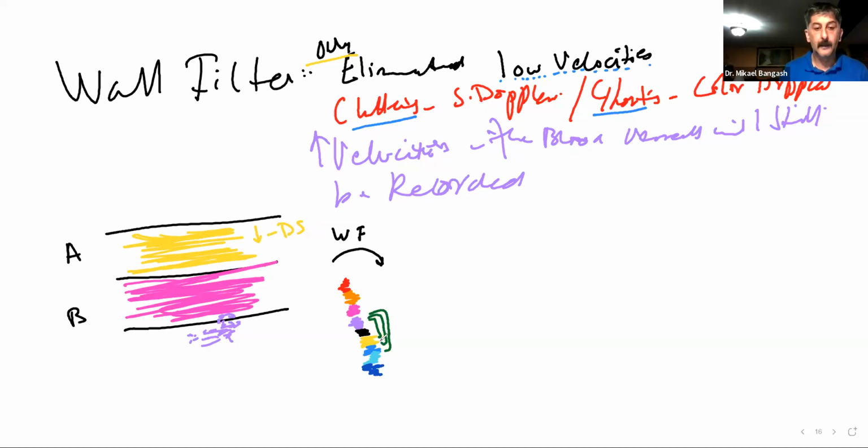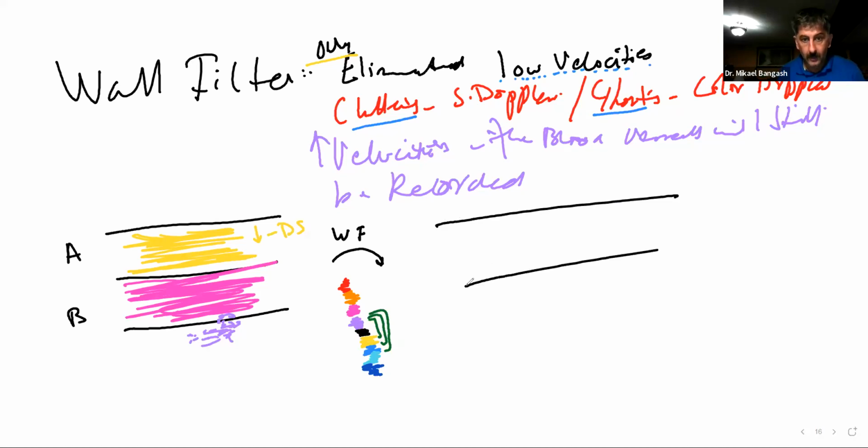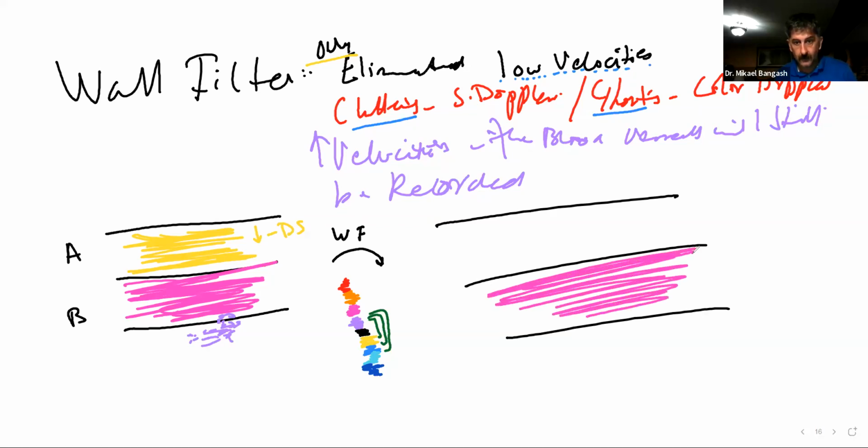And what would that mean? What is it going to indicate on our color Doppler? Whatever color is within the limits of the bracket is going to be eliminated. So what we actually get as a result of our wall filter here is that the ghosting is eliminated.